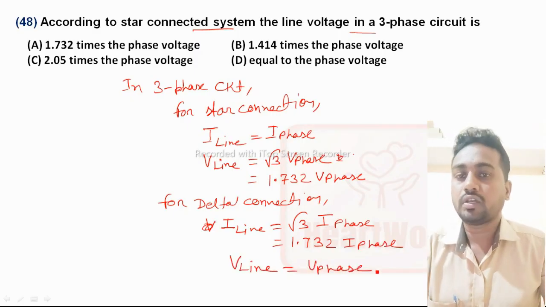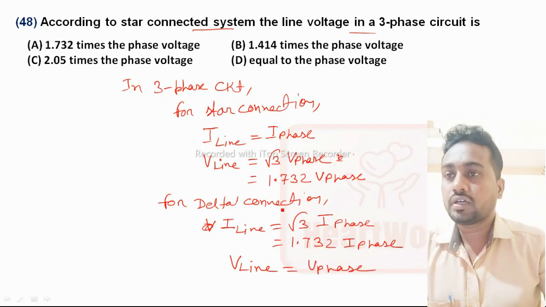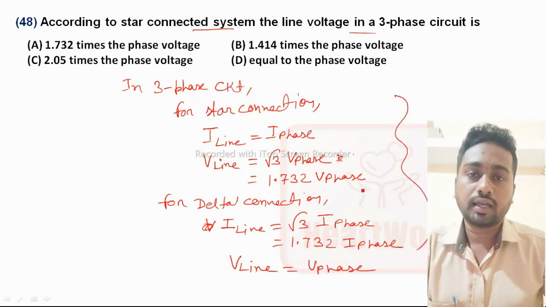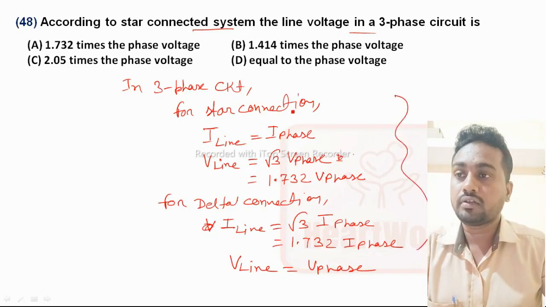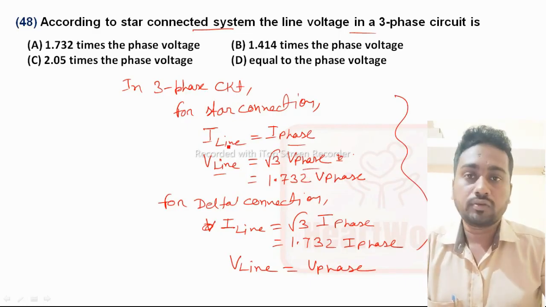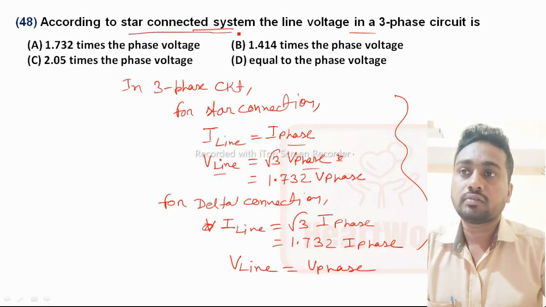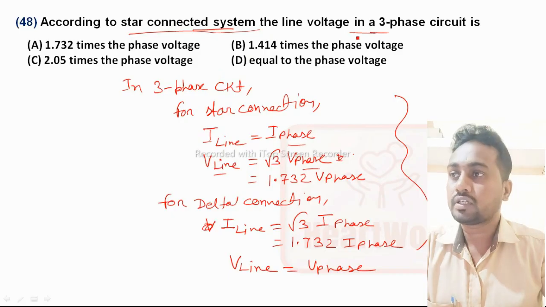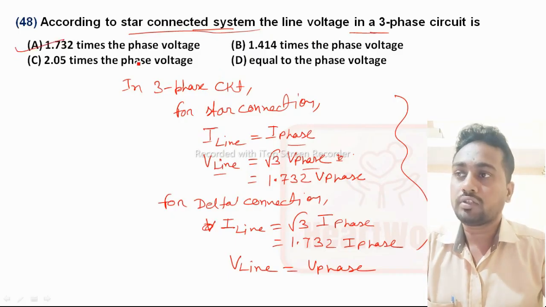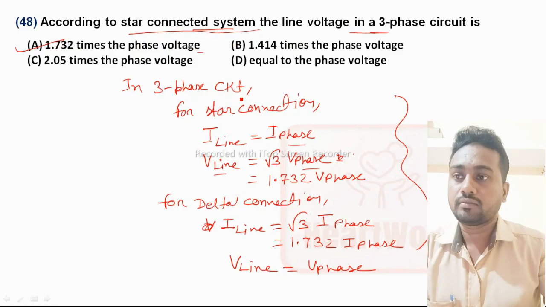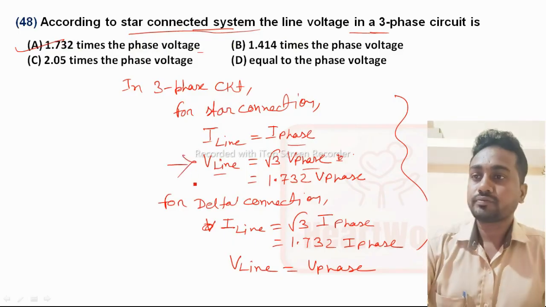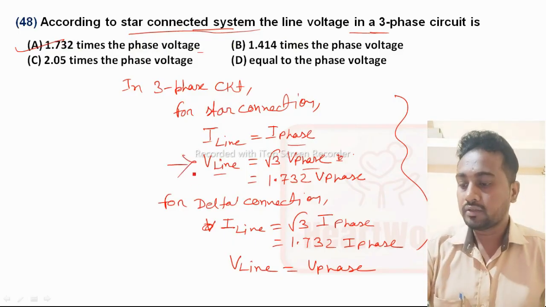It is always opposite. So this is the relation between line current and phase current, and line voltage and phase voltage. You have to remember this, it is also important for your exam. Here they ask about the star connected system, in which the line voltage is 1.732 times the phase voltage. So the answer is option A.